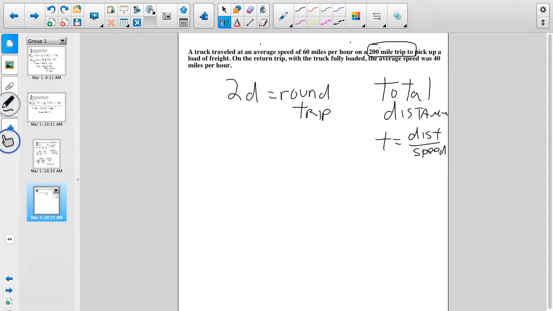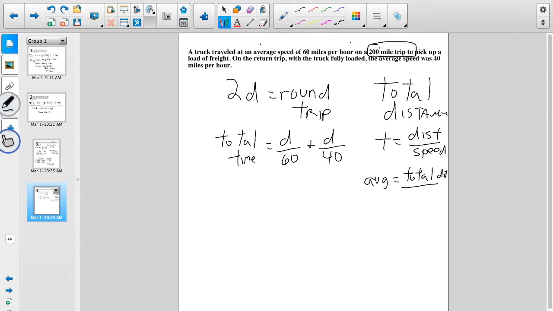So in this case, the total time on the round trip is the distance divided by 60 miles per hour plus the distance divided by the return trip speed, which is 40 miles per hour. So the average speed is computed by total distance divided by total time.